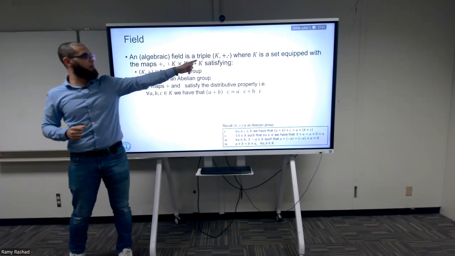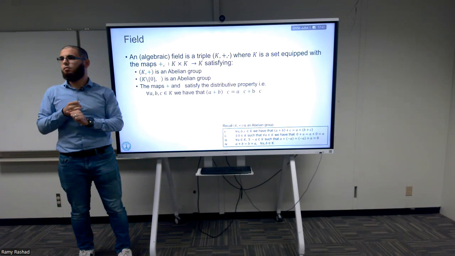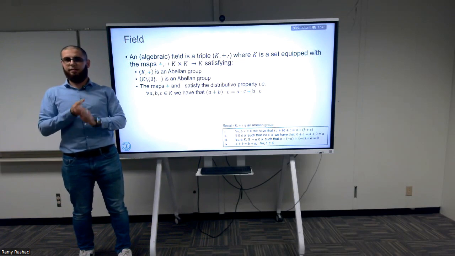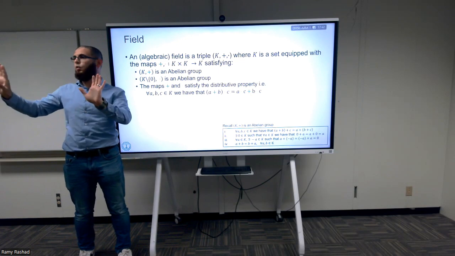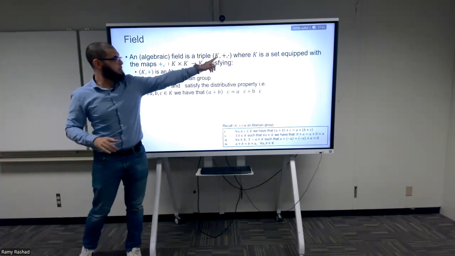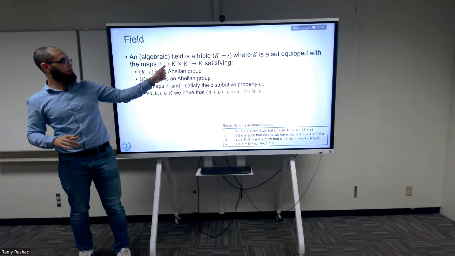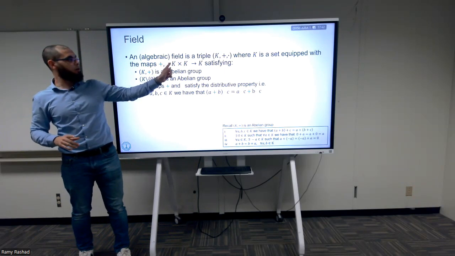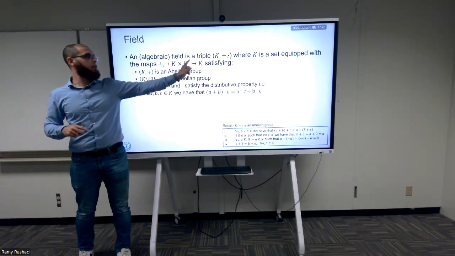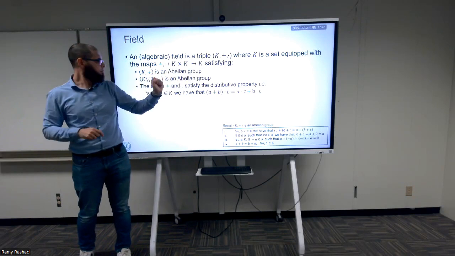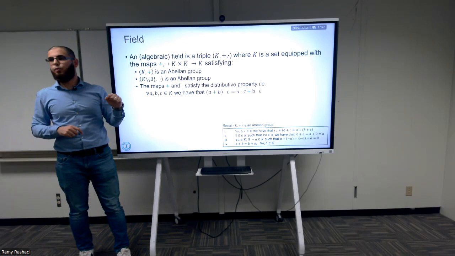So a field is a triple: K, and the plus and the times. When I say plus and times, you immediately get something in mind, but I haven't said what these are yet. So the plus and the times are two maps that eat two elements from K and go also to K. And they satisfy the following properties.